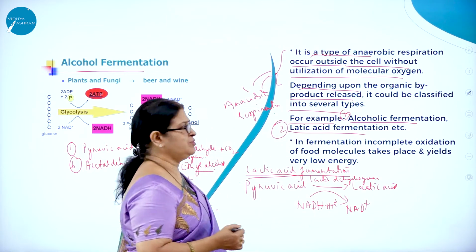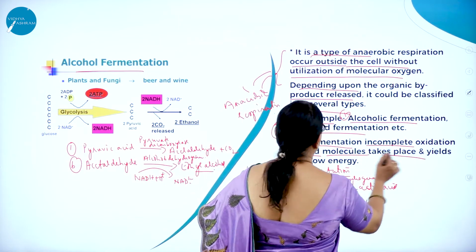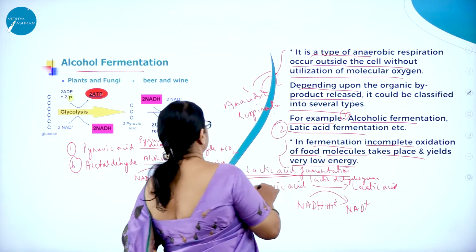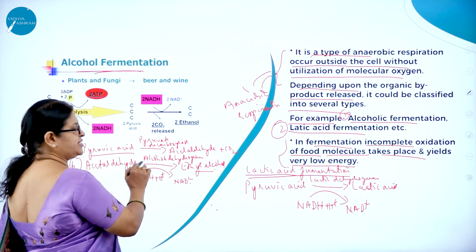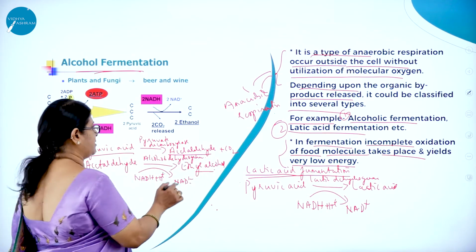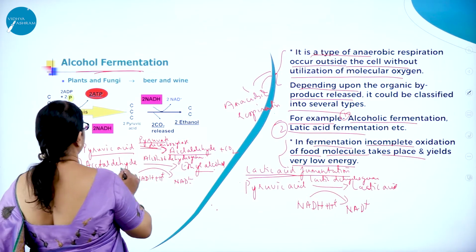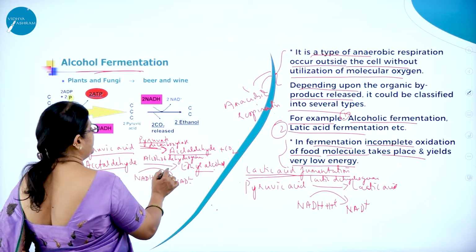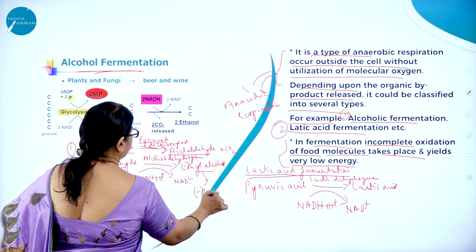In fermentation, incomplete oxidation of food molecules takes place and yields very low energy. In alcoholic fermentation, pyruvic acid is converted into acetaldehyde and carbon dioxide in presence of an enzyme called pyruvate decarboxylase. This acetaldehyde is converted into ethanol. Ethyl alcohol is also called ethanol.